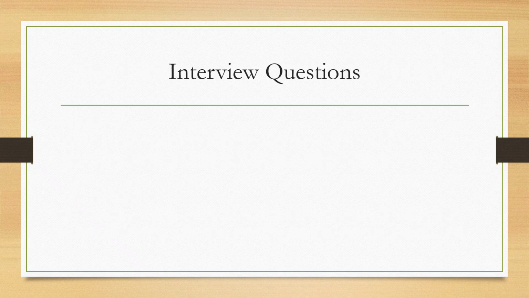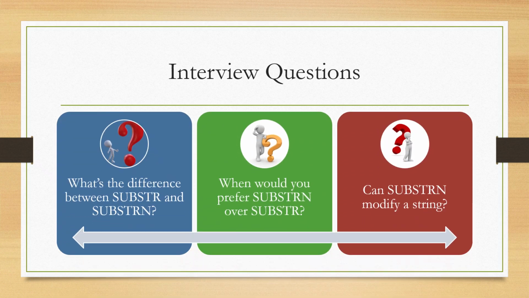Now let's see a few of the interview questions that can be asked based on the SUBSTR or SUBSTRN functions. The first one is: what's the difference between the SUBSTR and SUBSTRN function? SUBSTR can extract and replace but may cause errors. SUBSTRN extracts only and safely handles out-of-range values.